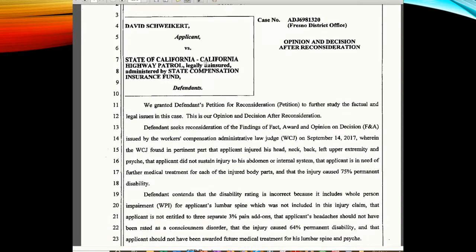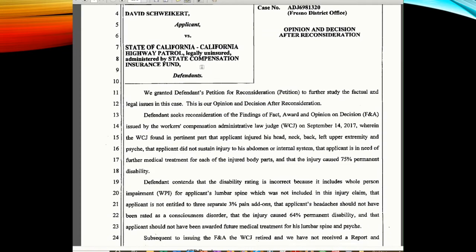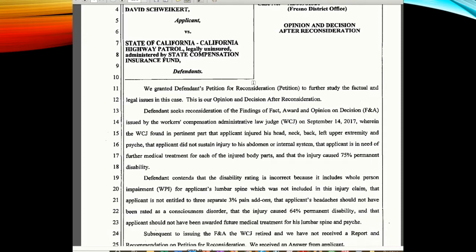So let's just briefly review this case, and this will hopefully open your mind to the possibilities that are available to you to most accurately describe your examinee's true impairment when the examinee is additionally burdened by the impairment of pain.